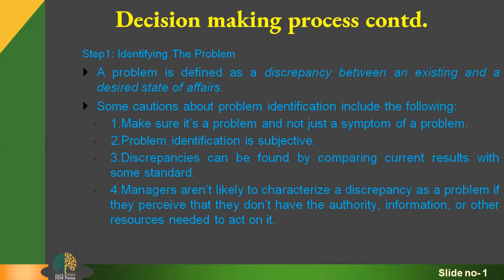Then this comparison of the previous functioning of the same process and the present functioning of the same process, based on the standard, whatever design standard is given, becomes a complete problem identification. This may be taken as a problem for decision making. That means now we have to make changes in this particular process. Here the decision making comes out.